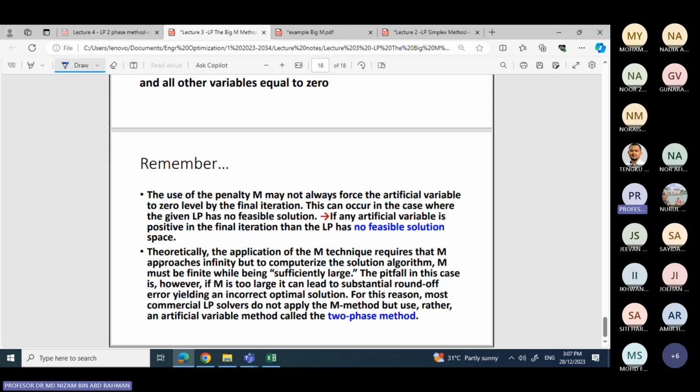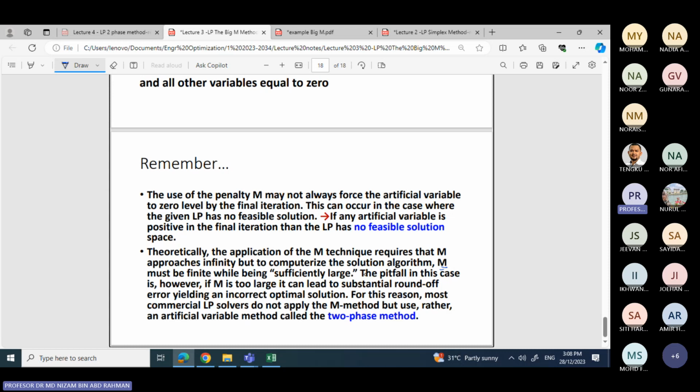Theoretically, the application of the big M technique requires that M approaches infinity, meaning that we assume M is huge. But whenever you computerize the solution algorithm, M must be finite while being sufficiently large. So whenever you want to do programming to solve using the big M method, you still have to assign M a particular value, sufficiently large.